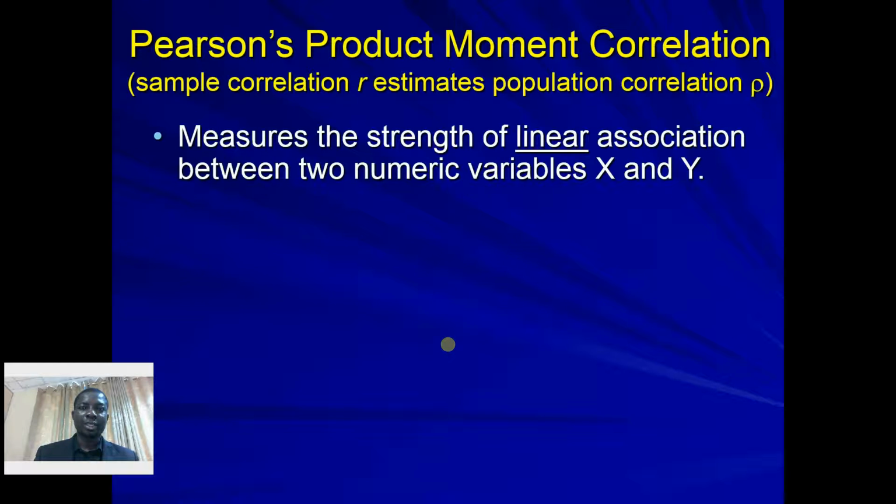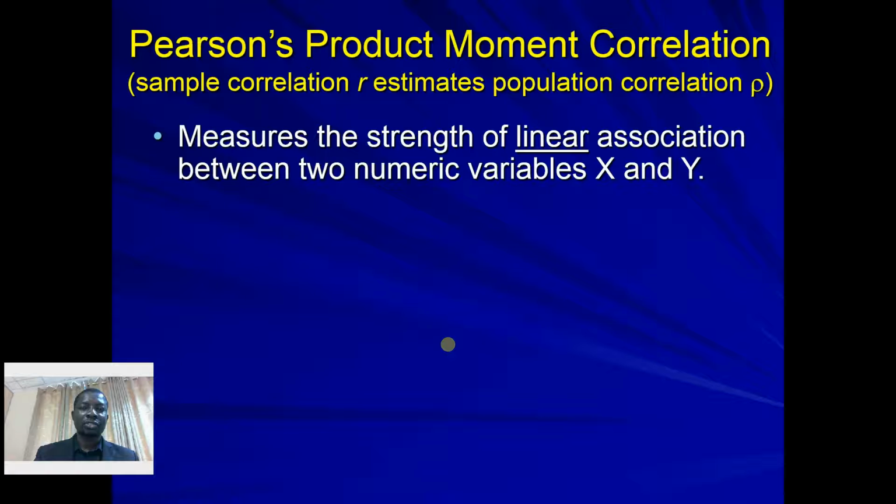Now, when we say correlation, it's a measure of association, a linear association between two numeric variables, say x and y. So in simple terms, correlation measures the strength of linear association between two numeric variables, x and y.